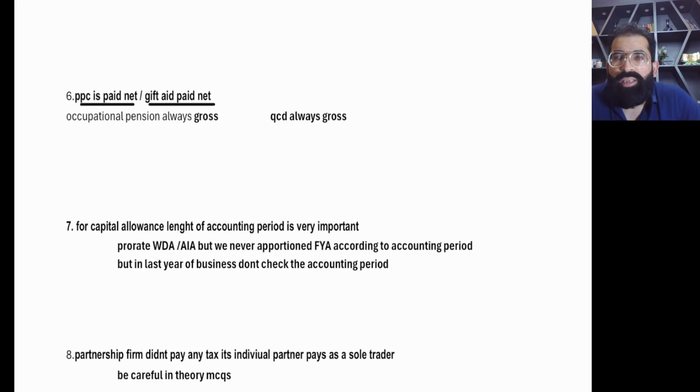So if actual payments are given for personal pension and gift aid, that means they are net, and you need to divide by 80 and multiply by 100 to gross it up. But occupational pension contributions are always gross, and QCD in the companies topic are always gross. No need to divide by 80 and multiply by 100.